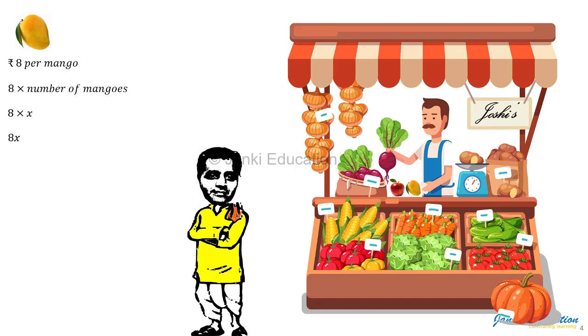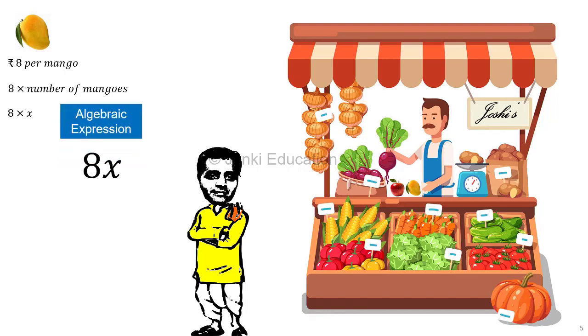Clear? Now pay attention to this 8x. This 8x is called an algebraic expression. That means the amount of rupees paid for mangoes. Now let's understand this 8x. It is made up of two parts: this x, which is the variable part, and 8, which is the numerical part.